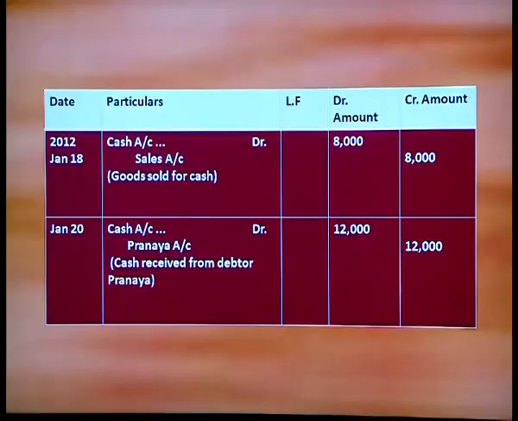So Pranaya's account is credited. In the form of journal, when we write, this is the format. Cash account debit to sales, narration goods sold for cash, cash account debit to Pranaya, cash received from debtor Pranaya. Amount in the amount column and date in the date column.